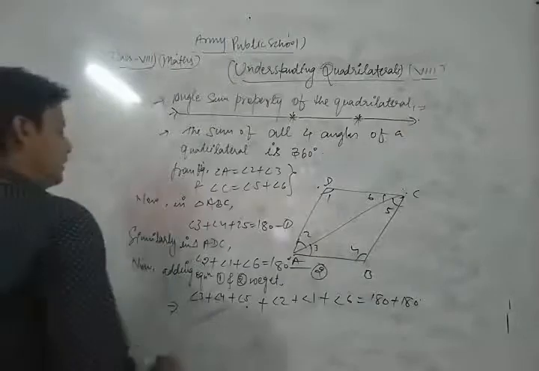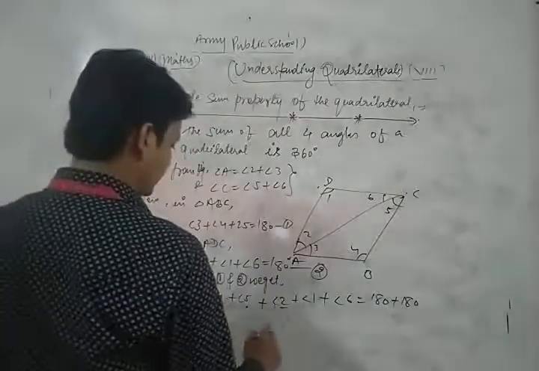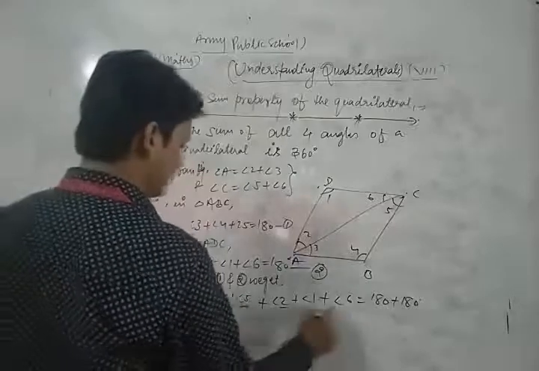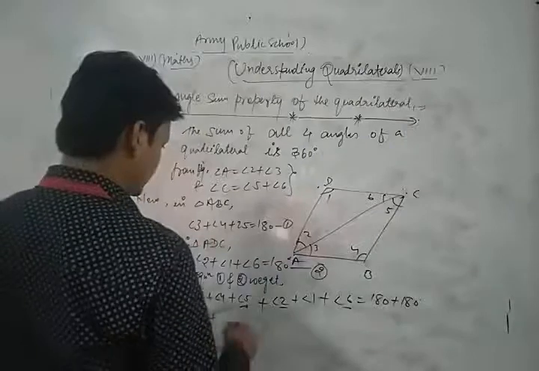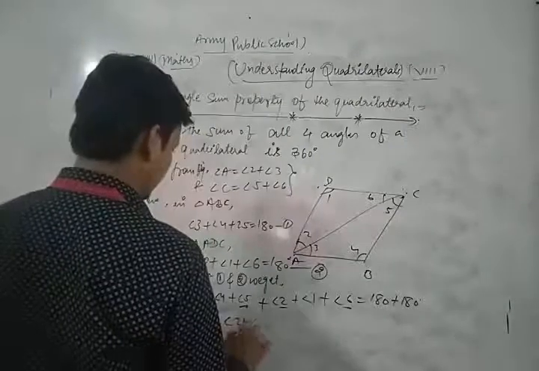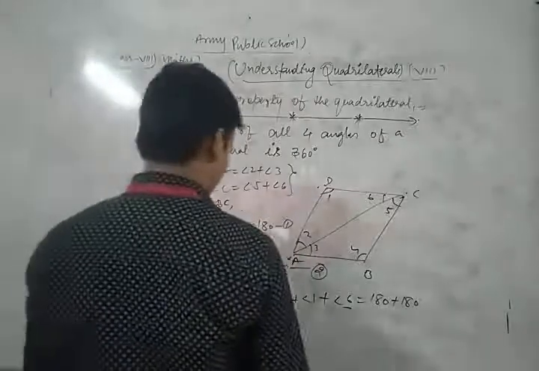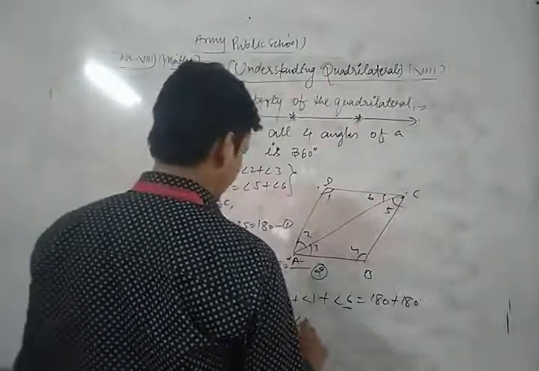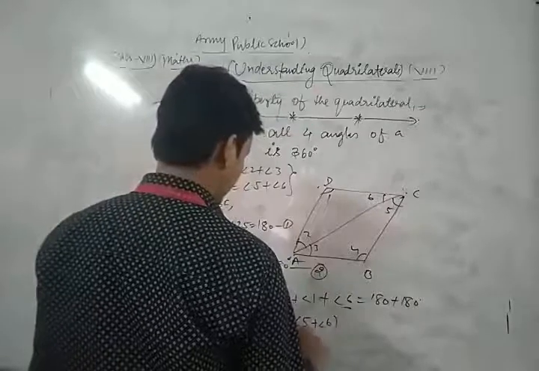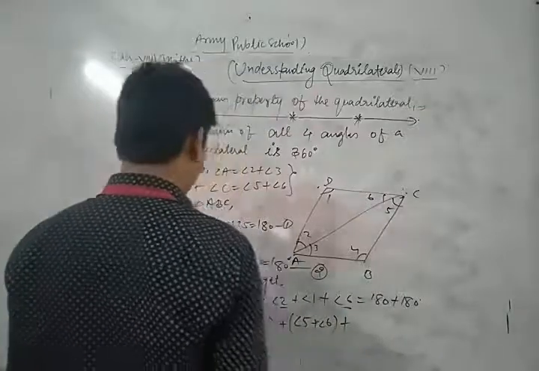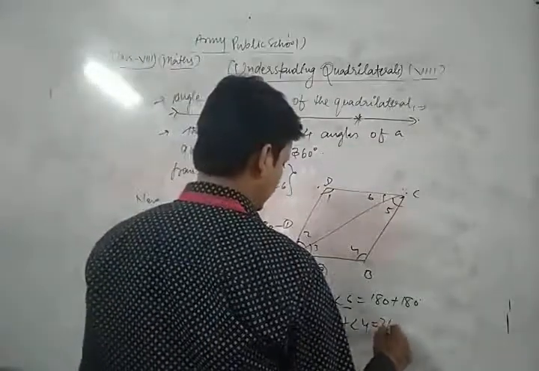Now we take angle 2 and angle 3 together and angle 5 and angle 6 together. So we get angle 1 plus angle 2 plus angle 3 together, plus angle 5 plus angle 6 together, and the left over value is angle 4, is equal to 180 plus 180.